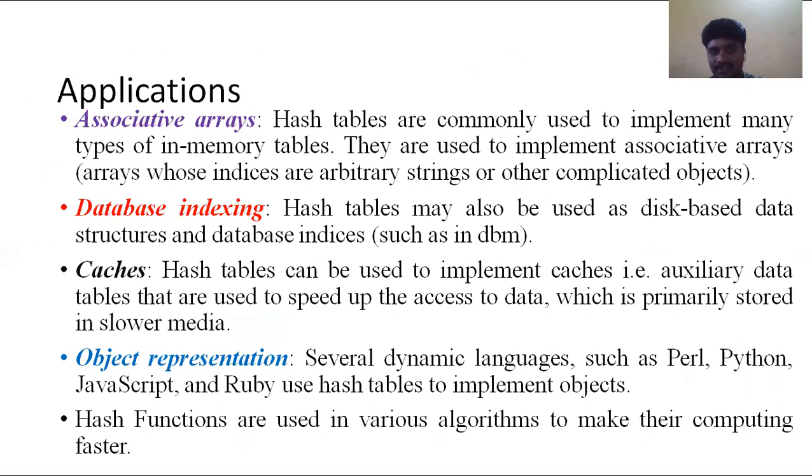First is associative arrays, second is database indexing in different data collections, and third is caches, how we store them and access the data. Then object representation in Perl, Python, JavaScript, Ruby, and we can implement it when using various algorithms.